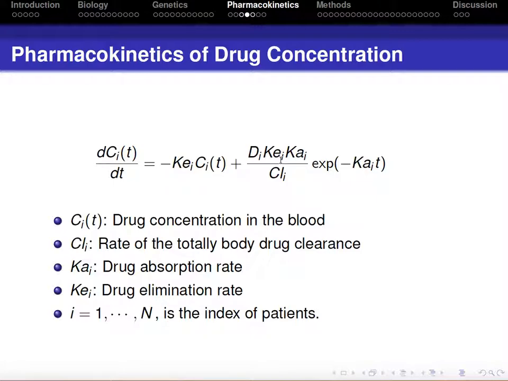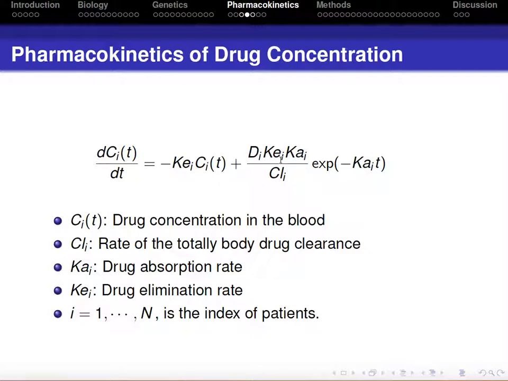At the same time, these parameters must have some similarity, because they are taking the same drugs. So Ke here will have a population value, the value of these parameters at the population level. There will also be individual-level values of these parameters for individual subjects.